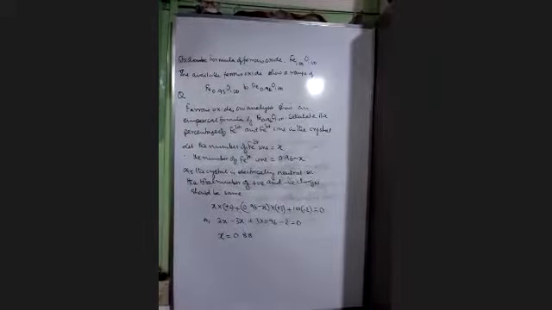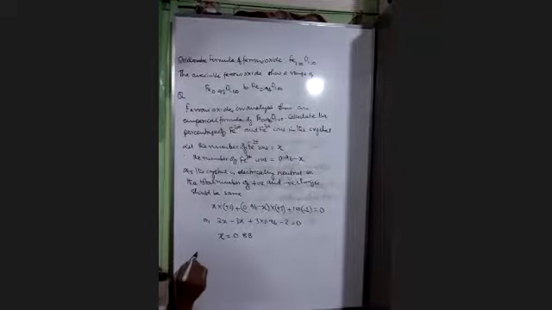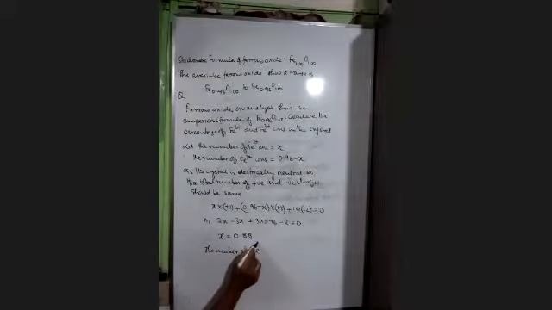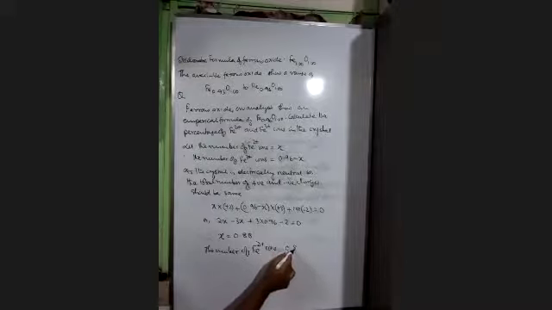Okay. So now what can I write? Therefore, the number of Fe2+ ions is equal to what? 0.88.